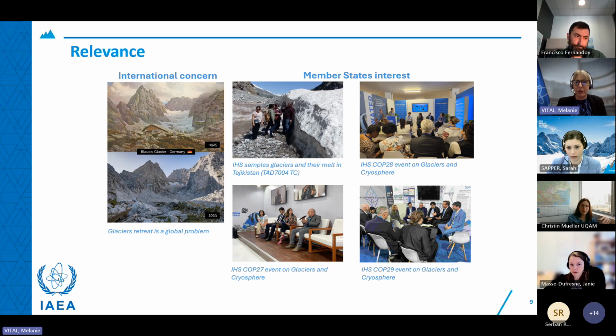So it's really of concern right now, and we really need to understand more about the processes that include this glacier retreat and, as I said, where does this water go?